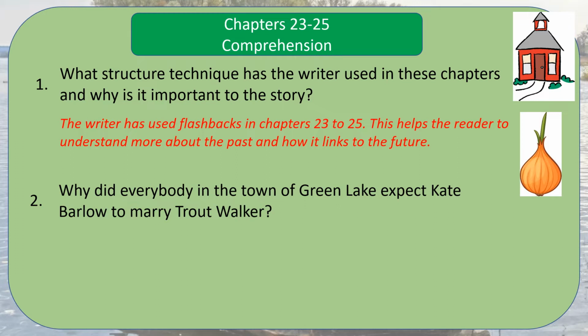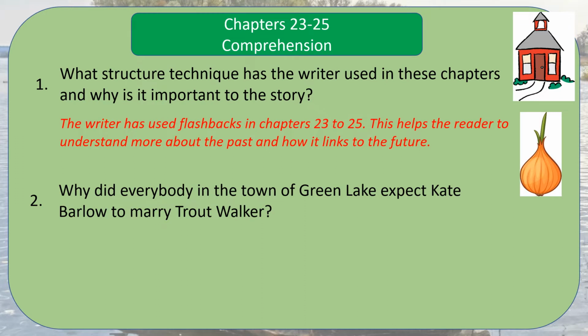Remember, that's when the writer goes back in time. This helps the reader to understand more about the past and how it links to the future. We've met Kate Barlow, we've met Sam the Onion Man, and we're going to try to understand how this all links to Stanley and his story.